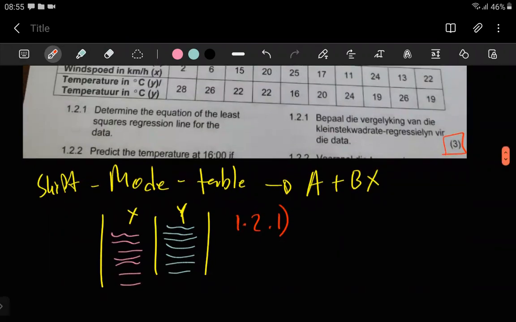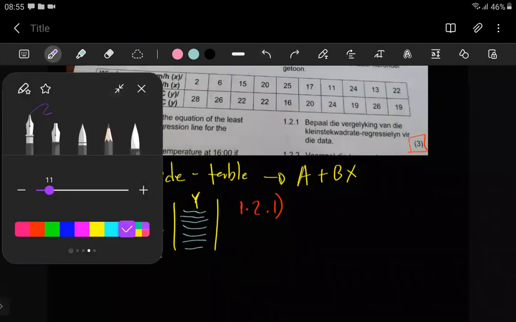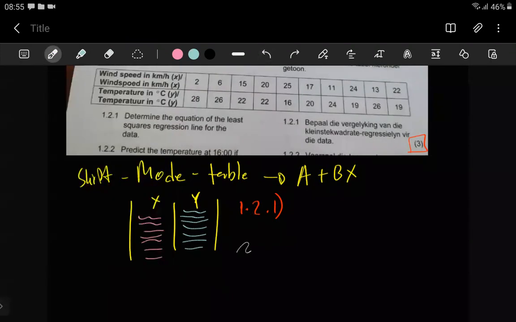So after putting all this data in the calculator, for you to get the equation of the least squares regression line, the equation is just y is equal to a plus bx.